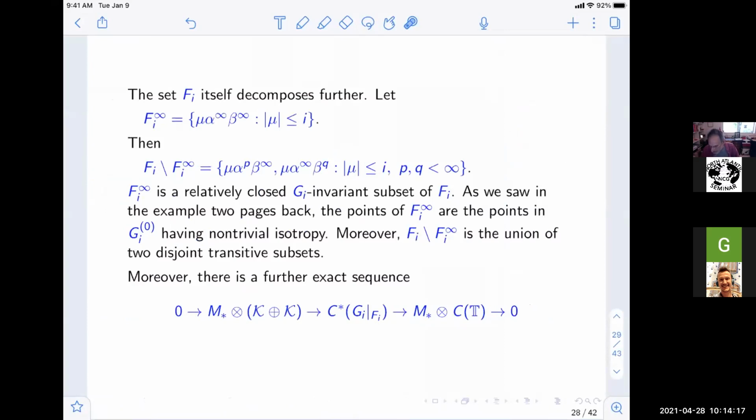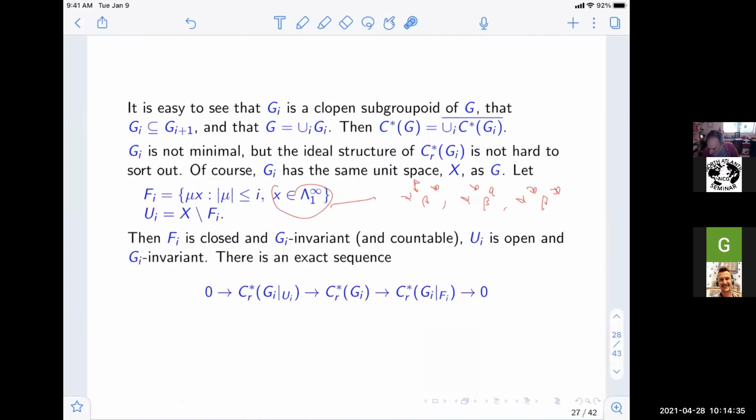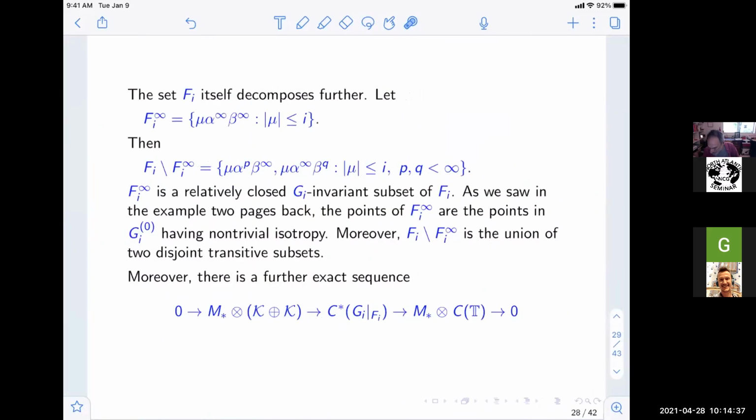So within there, we can look at just the things that end in this alpha infinity, beta infinity. That's also a closed subset. So we actually get an exact sequence for this quotient. So the quotient here is itself the middle of an exact sequence. It's an extension of essentially continuous functions on the circle by compacts, direct sum compacts, with some matrix algebra put in there.